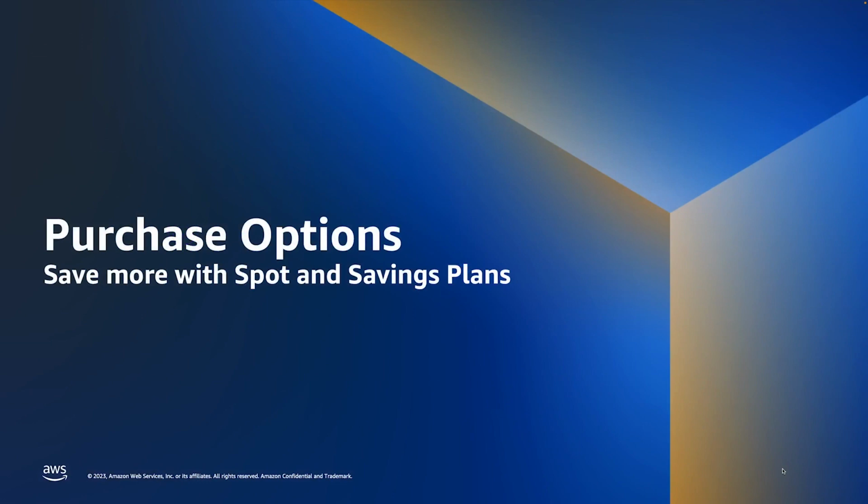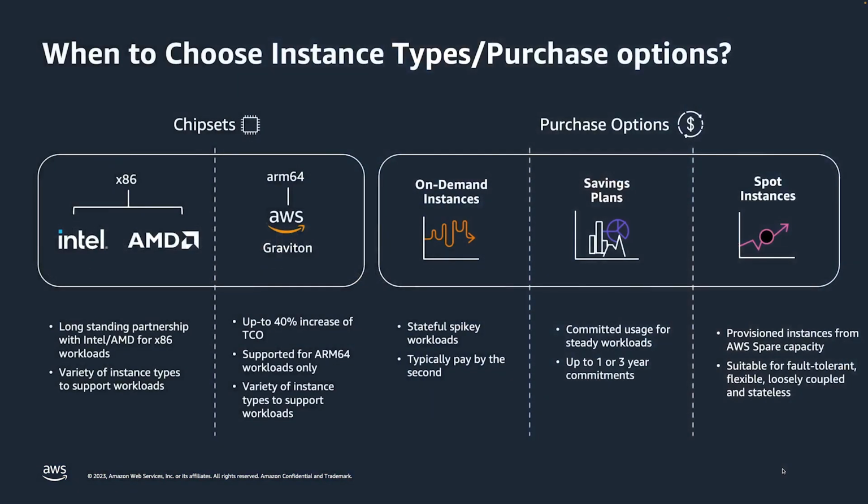Now let's have a look at purchase options. Containers work really well with Spot and Graviton, but they also aren't mutually exclusive. Graviton on Savings Plans is great for performance workloads with committed usage. Graviton and x86 combined on Spot is very powerful for cost optimization. As your cloud environments and usage scale, optimizing your costs and scaling correctly becomes essential.